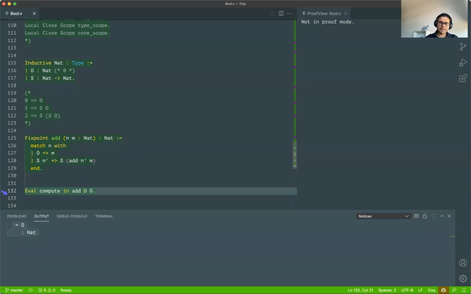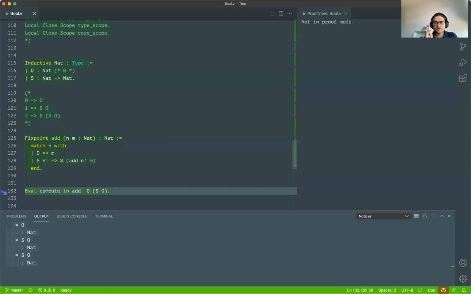What would happen if I add 1 to 0? So we should get 1. And remember, the representation of 1 is S of O. So here we should get S of O. We get 1. What would happen if I flip the argument? Well, 0 plus 1 is also 1.